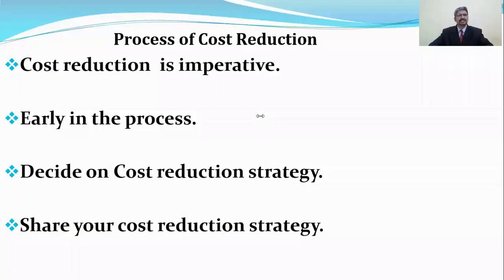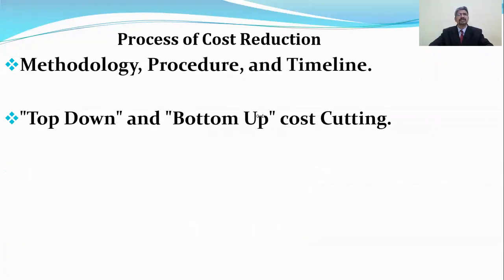The fourth initiative in the process of cost reduction. The next process is methodology, procedure, and timeline. Top down and bottom up cost cutting. How we are going ahead, like methodology. We should identify and coordinate key corporate planning and cost reduction milestones.